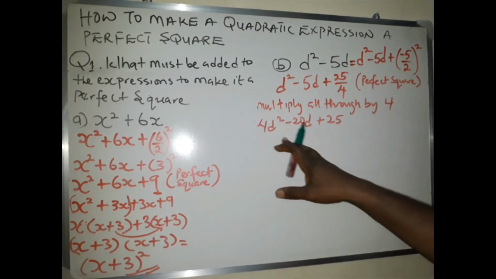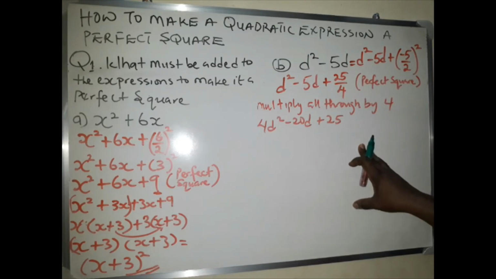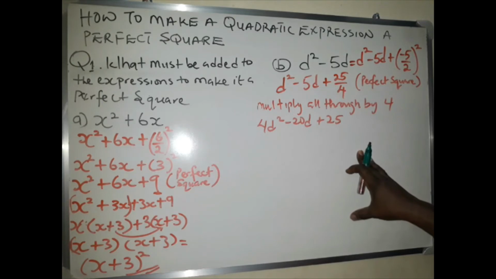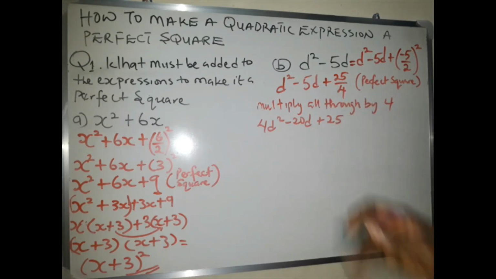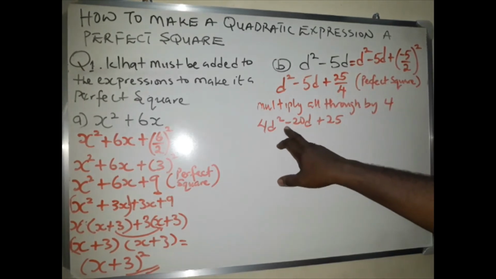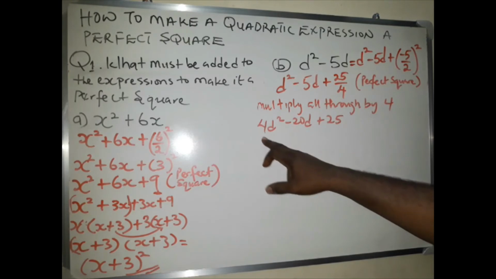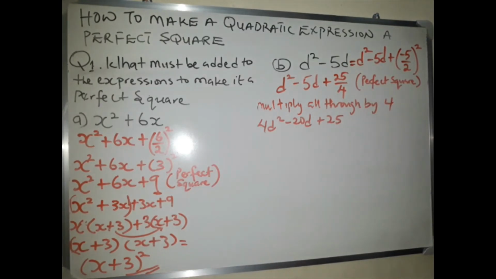Now, if you are to try to factorize this expression, you're going to have a very, very tough time to do that, because not all quadratic expressions can be factorized by the method we used here. If you say, okay, what are the two factors that add to give you minus 20, but when you multiply them, give you 100? You won't be able to get any such factor.